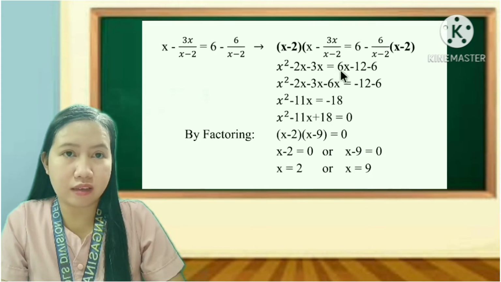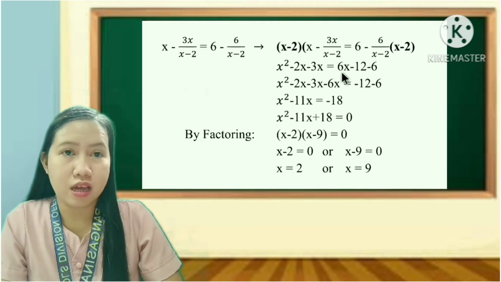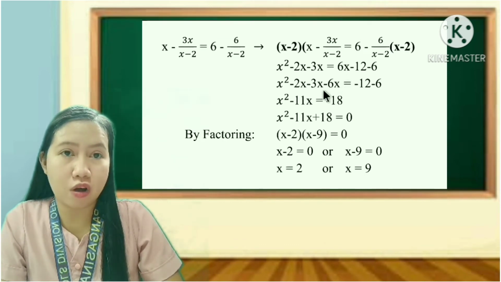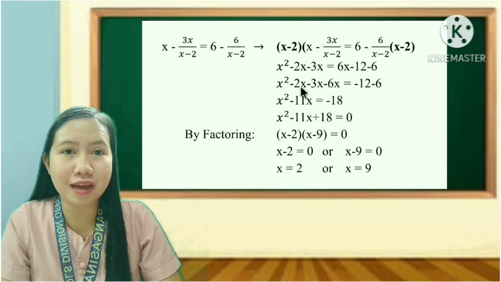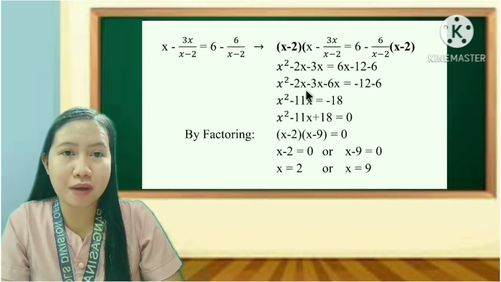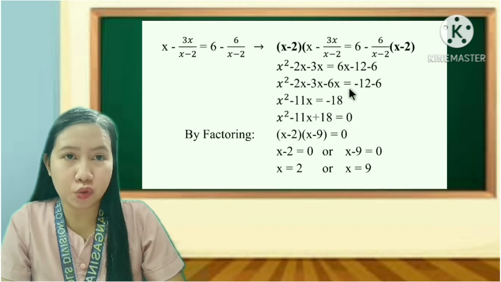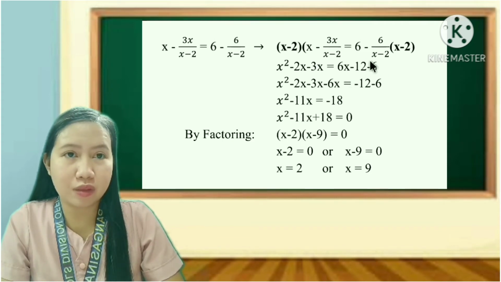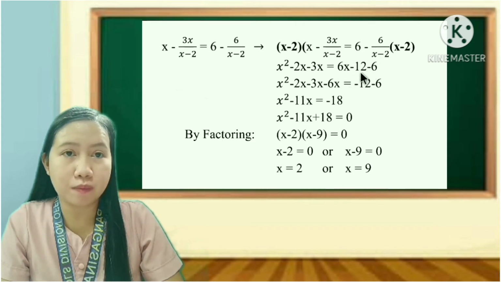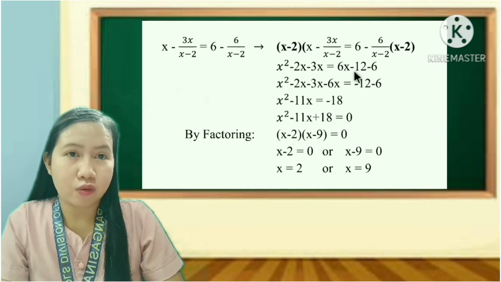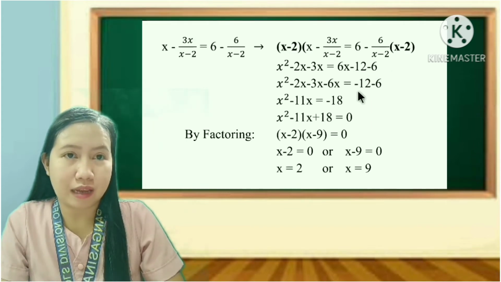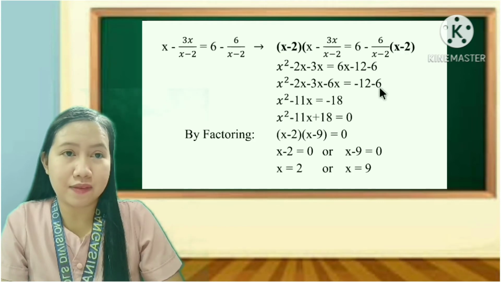Since 6x is on the right side, we just have to transpose it on the left side. From positive, it will become negative. So we have now negative 2x minus 3x minus 6x is equal to, and we have now the constant terms, and those are 12 and 6. So we have negative 12 and negative 6.